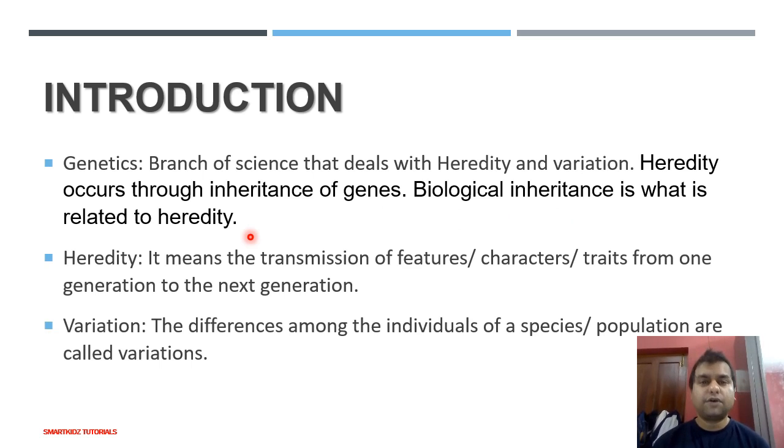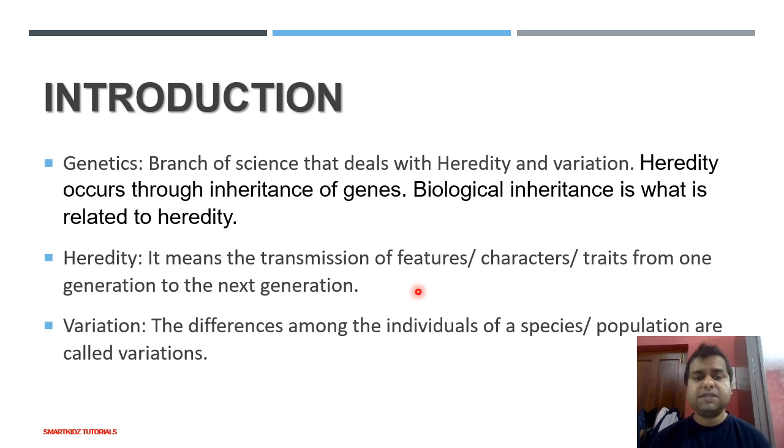When we talk about inheritance, we can also refer to what we get from our parents in terms of land or assets like gold. That is also a kind of inheritance, which is why it is specifically mentioned here as biological inheritance. We are only interested in biology over here.